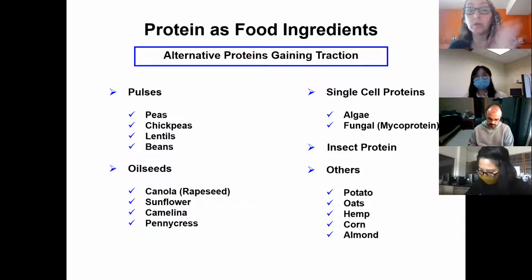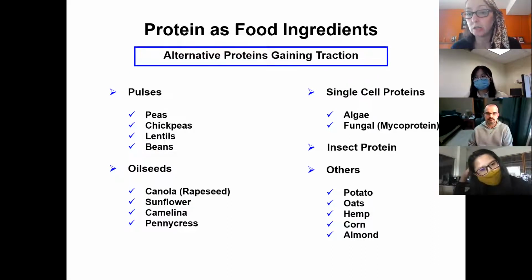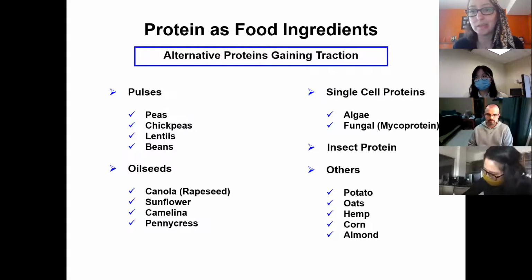Of course, there are others that we won't get to, but there are a lot of different protein alternatives to the traditional ones right now, but we won't get a chance to talk about all of them. When we talk about grain proteins, I might talk about wheat, might bring in some oats, but we definitely won't be able to cover everything that is out there and might become an important ingredient.